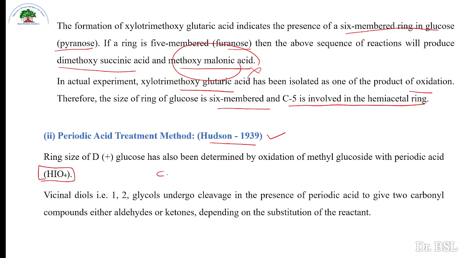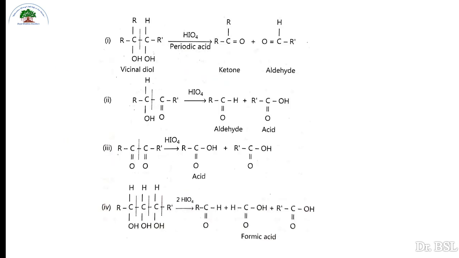Vicinal diols are those compounds containing OH groups on adjacent carbons. Vicinal diols, that is 1,2-glycols, undergo cleavage in presence of periodic acid to give carbonyl compounds, either aldehyde or ketone, depending on the substitutions of the reactants.